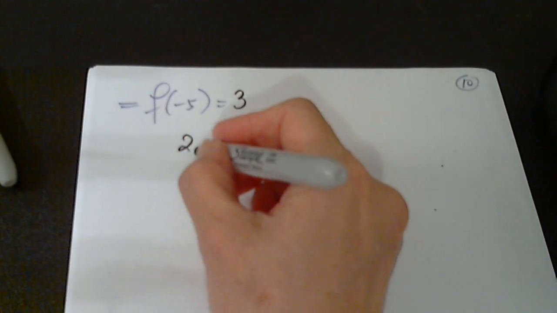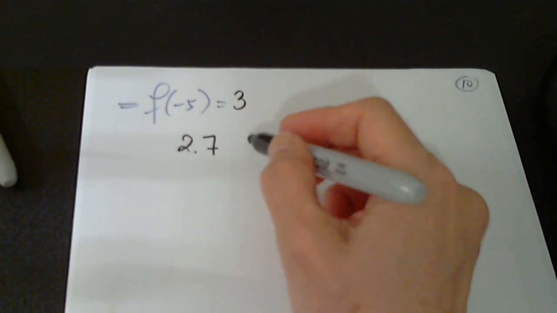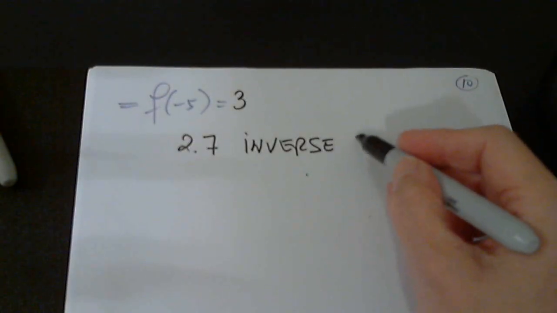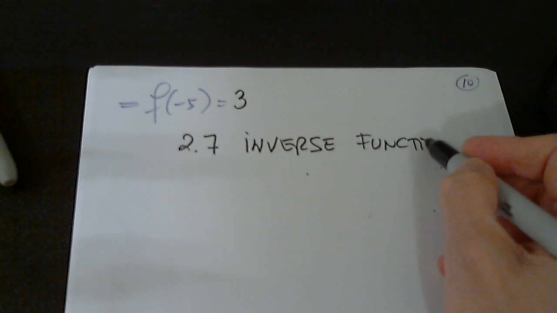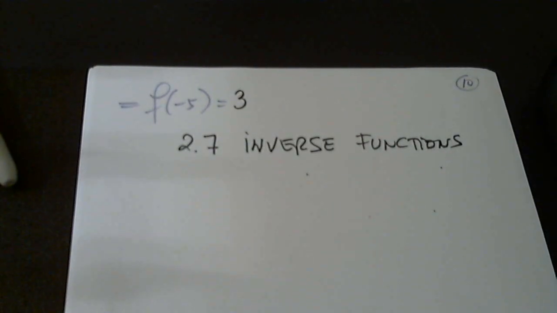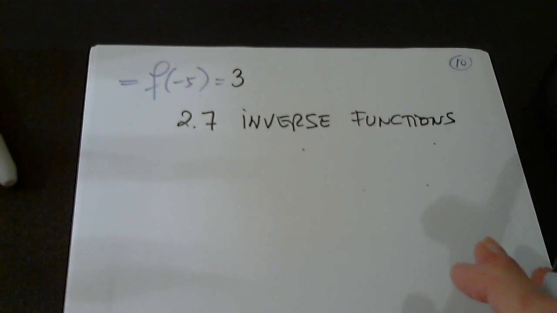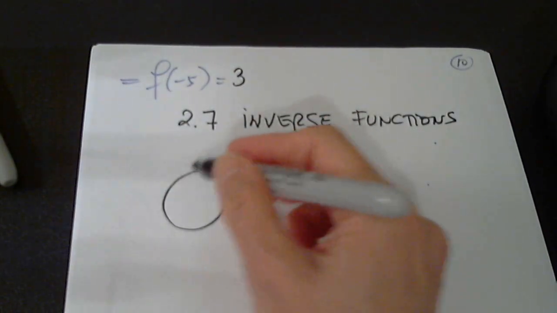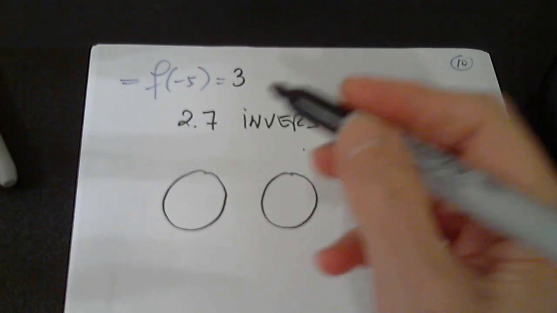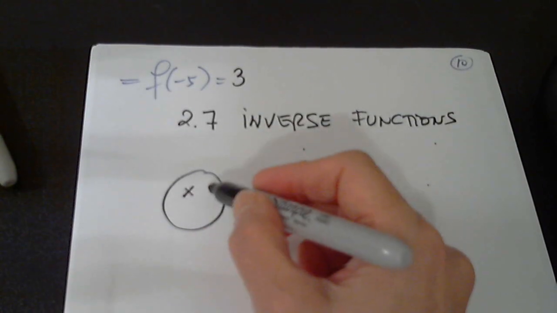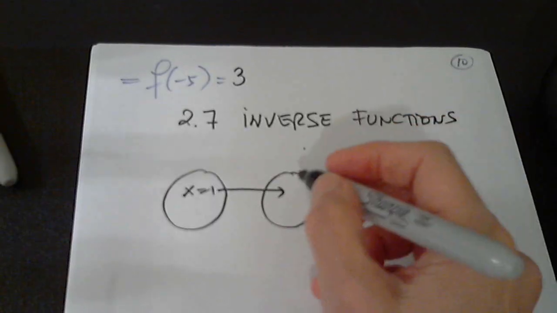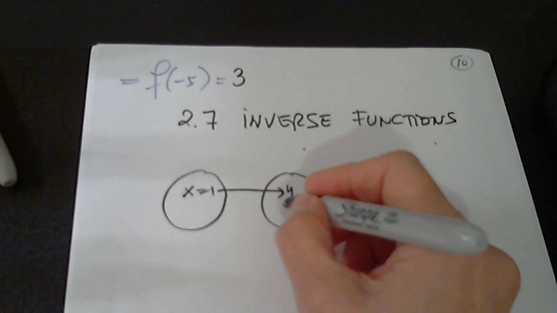Okay, the next thing that we need to talk about is something called inverse functions. So what is the idea here? If we take x, let's say x equals 1, it corresponds, I'm picking some numbers, doesn't matter, to y equals 3.